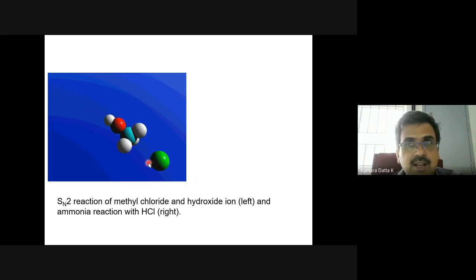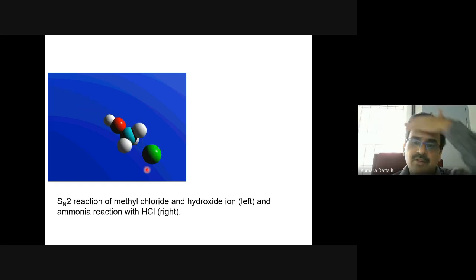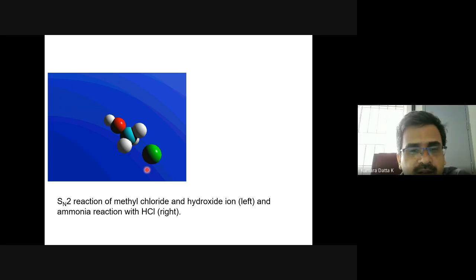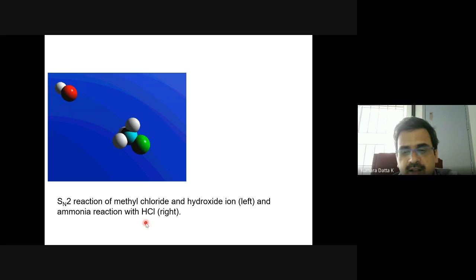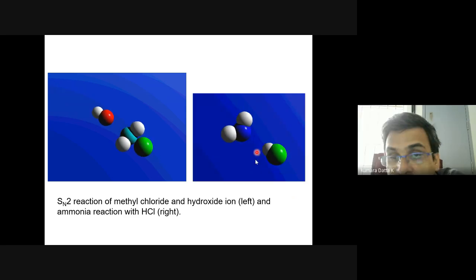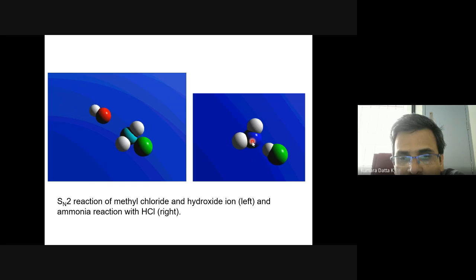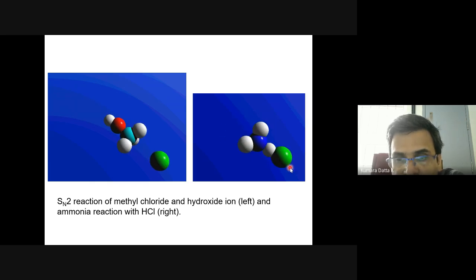Let us see what happens if you take ammonia with hydrochloric acid. Can someone tell me what will be the product if you react ammonia with hydrochloric acid? NH4Cl, sir. We get ammonium chloride, right? You can see that here we have ammonia and this is hydrogen chloride.